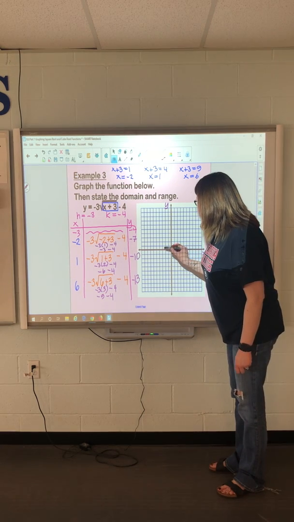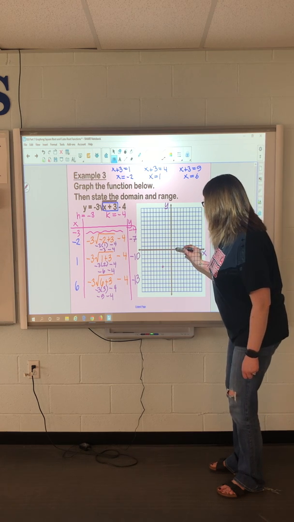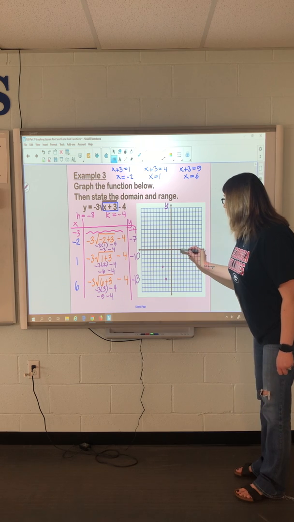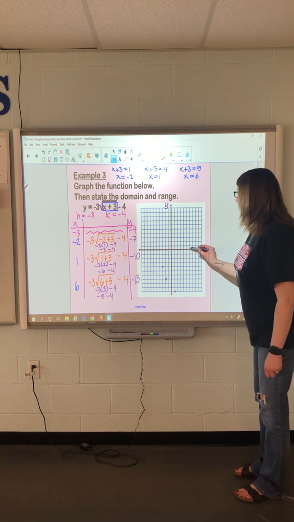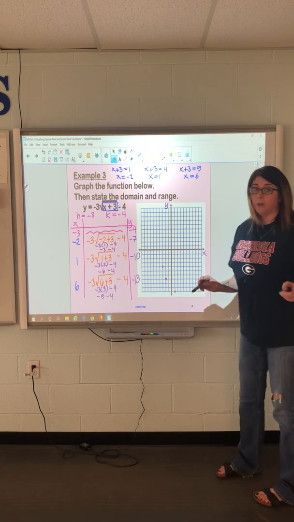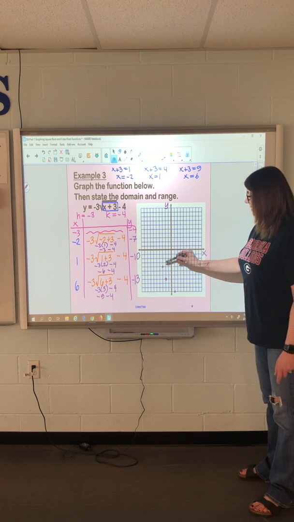So we have -3 comma -4. We have -2 comma -7. We have 1 comma -10. And then we have 6 comma -13. So it's going to go off of our graph a little bit. No big deal. So right away I noticed that this graph is going to go down instead of going up.